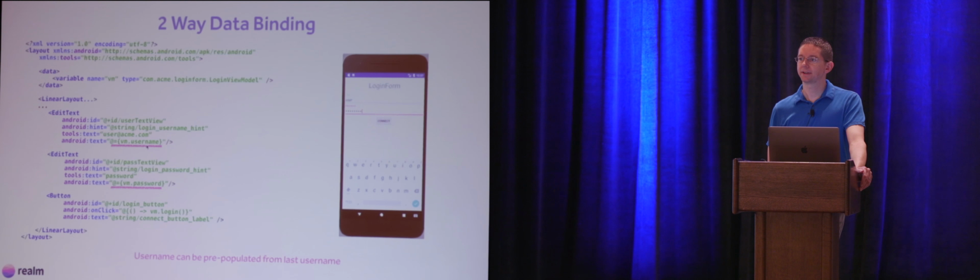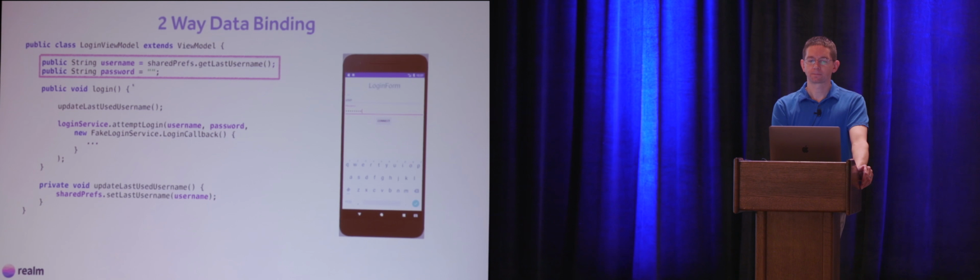And I pre-populate the username with whatever the last user was to log in. So when you log in, you click this button, it saves off that user in shared preferences. When the app launches next time, it brings that up and it pre-populates that in the view model. The layout in this case reads that value, but since it has this @ equals, it's also changing that value.